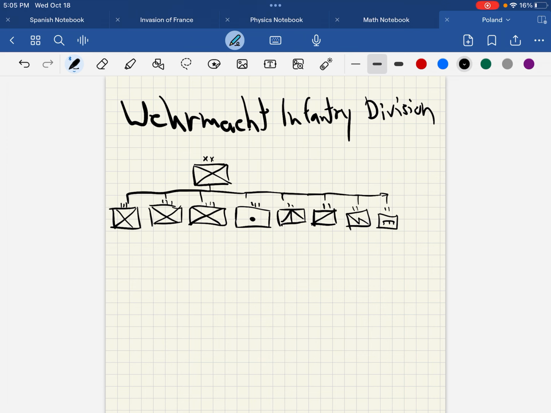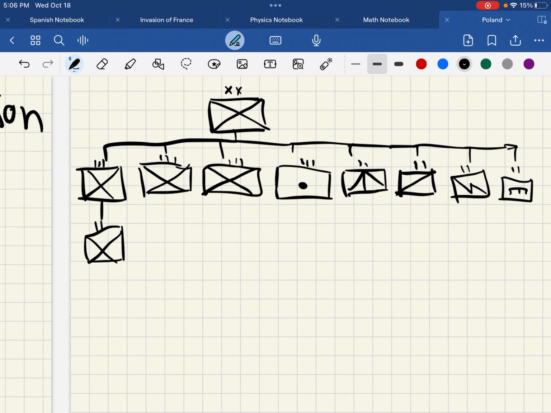So the infantry regiment, it was like 3,000 to 5,000 personnel, and it's made out of 3 infantry battalions, and also 1 artillery battalion.